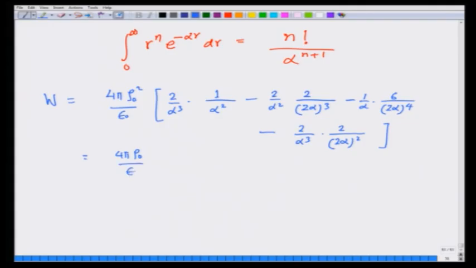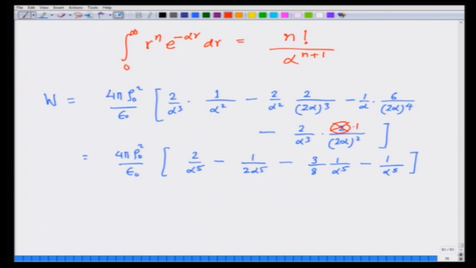Which is 4 pi rho 0 square over epsilon 0, 2 over alpha raised to 5 minus 1 over 2 alpha raised to 5 minus 6 over 16. So, that is 3 over 8, 1 over alpha raised to 5 minus 1 over alpha raised to 5. There is a mistake here. I think I should not have this 2 here, because this was the integration of r. So, it should be 1 factorial.